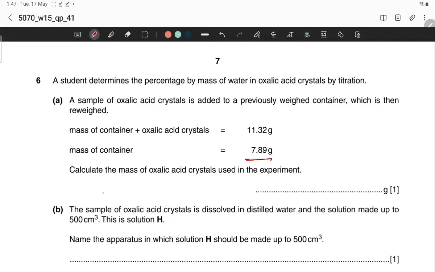So just calculate these values, because if the word calculate is written, you are supposed to show calculation. 11.32 minus 7.89, so this is equal to, let's calculate. This is equal to 3.43.